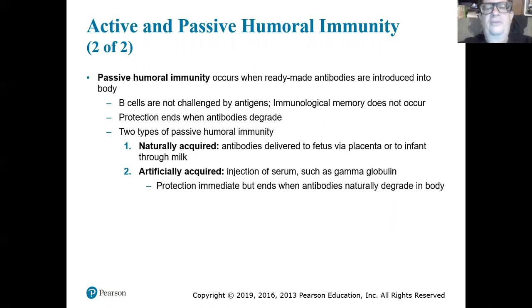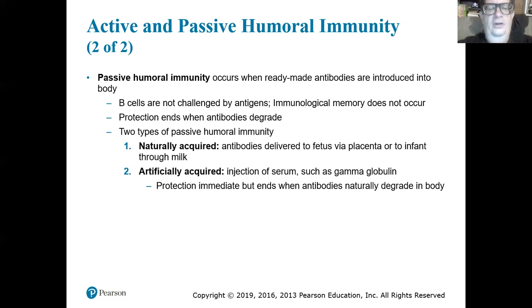That colostrum is going to be full of antibodies from the mom. Before the baby is able to make their own antibodies, the mom will supply some antibodies to the baby through her blood, through her milk, and that will give the baby a start in life.